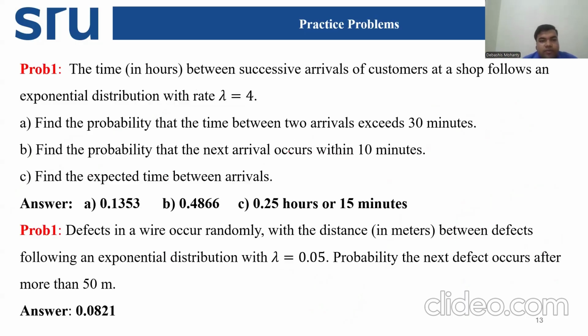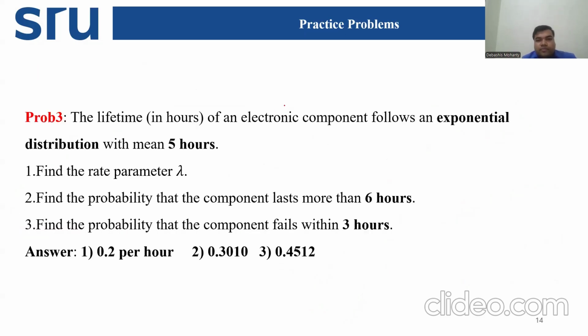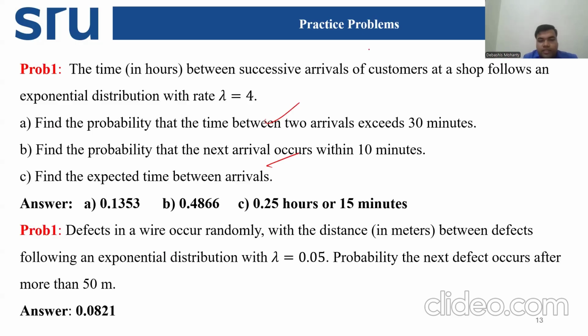So try to understand the question. First of all, read the question carefully. The time in hours between successive arrivals follows an exponential distribution with lambda equal to 4, where lambda is the rate parameter.